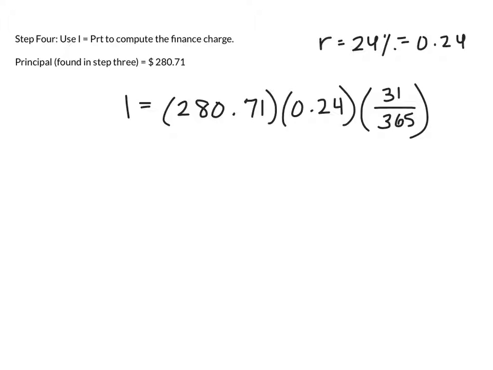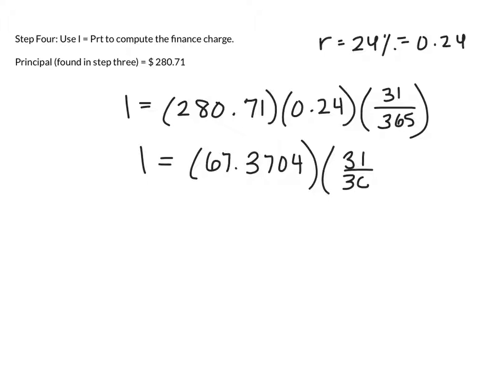Now we're going to go back to our formula and multiply 280.71 times 0.24. When we do that calculation, we get I equals 67.3704 times 31 over 365. We want to use fractions. Don't convert 31 over 365 to a decimal. You'll have rounding error.